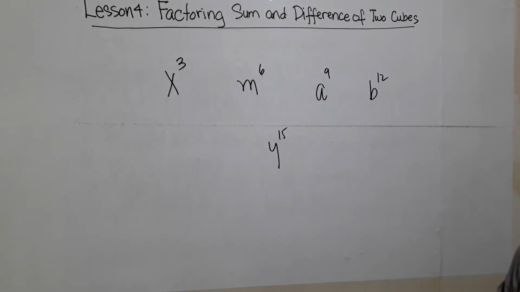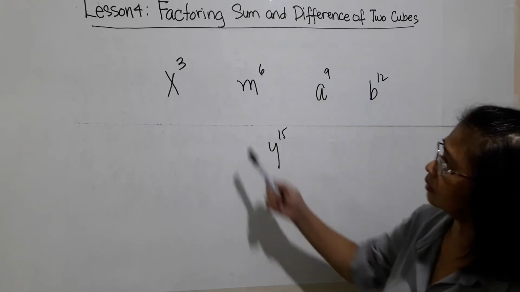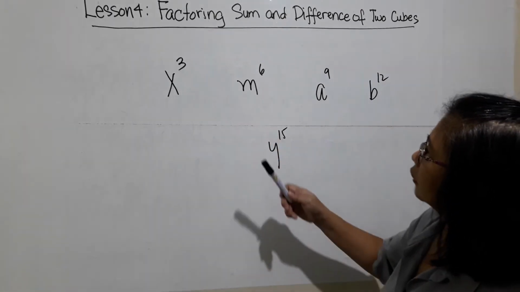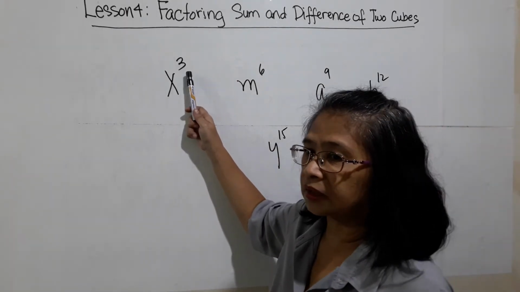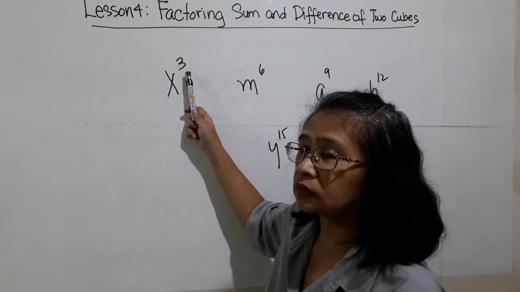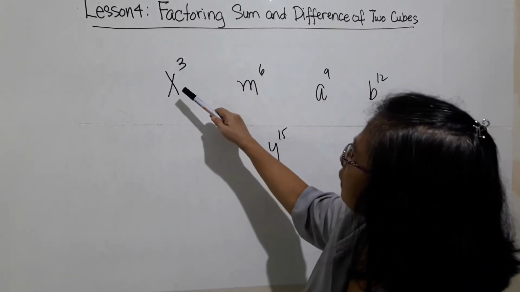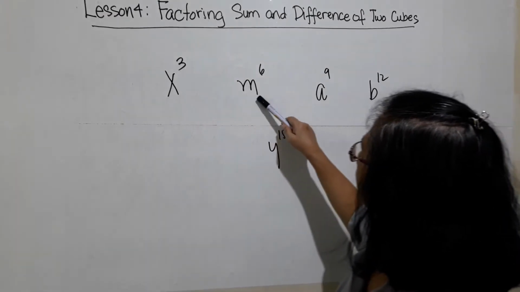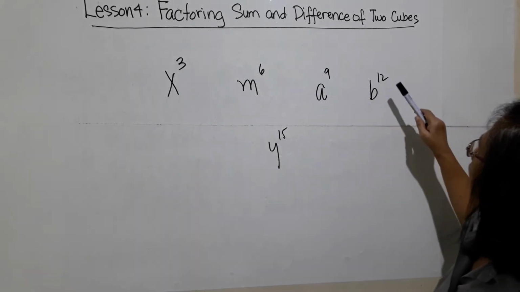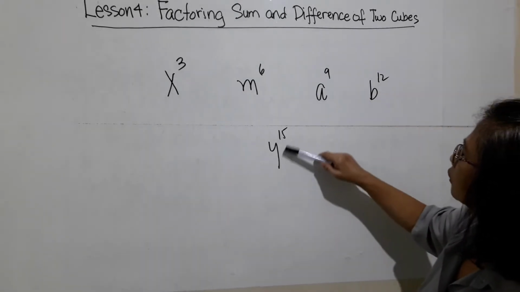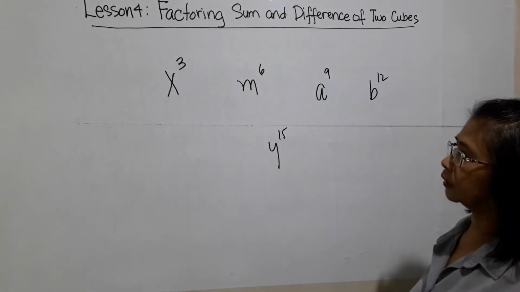Can you see a pattern? Yes, there is a pattern. If the exponent is divisible by 3 without remainder, that literal coefficient, such as x cubed, m to the 6th, a to the 9th power, b to the 12th, y to the 15th, etc., are examples of perfect cubes.